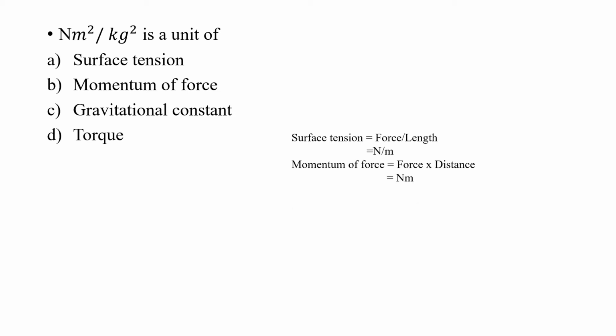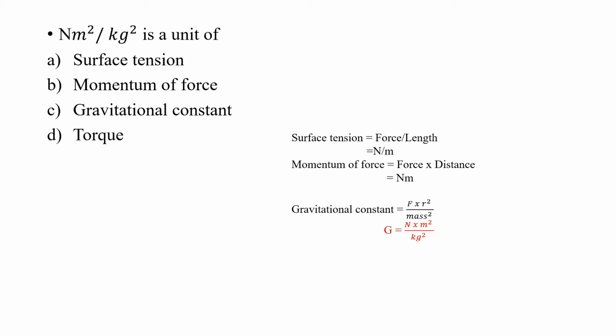Next is the gravitational constant, which is equal to force into r square by mass square. Unit of force is Newton, radius in meters, so radius square will be meter square, divided by mass square, which is kilogram square.